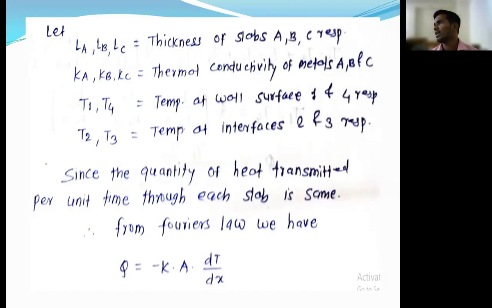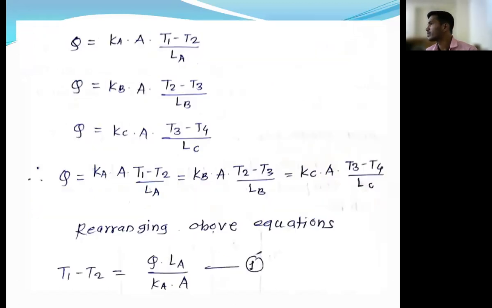Since the quantity of heat transmitted per unit time through each slab is the same, write down from Fourier's law: Q is equal to minus K into A into dT by dx. Okay, so now we have to write down the equation of each plate.